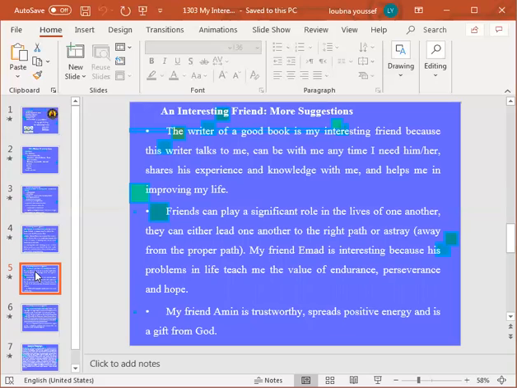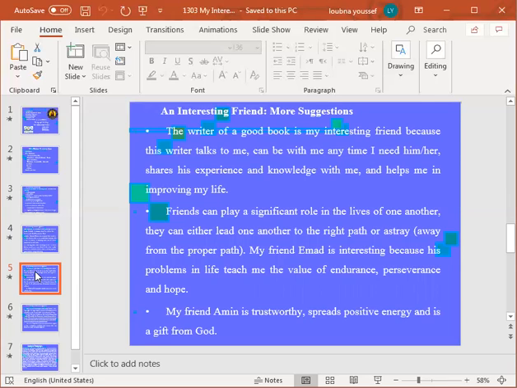The writer starts by identifying the interesting friend as the writer of a good book. All right? Now, why is this writer an interesting friend? Because number 1, this writer talks to me. All right? So this writer, he or she, gives me the experiences of his life.